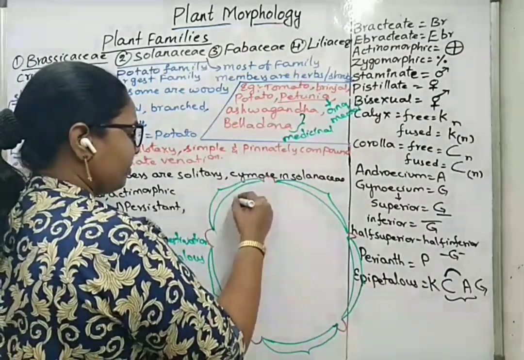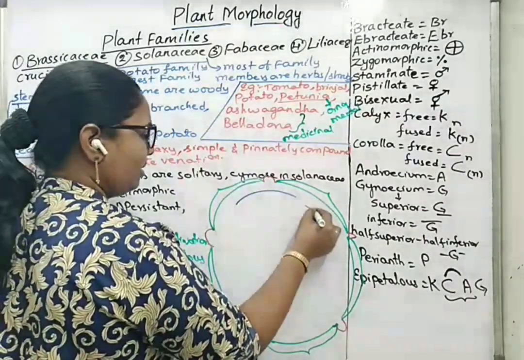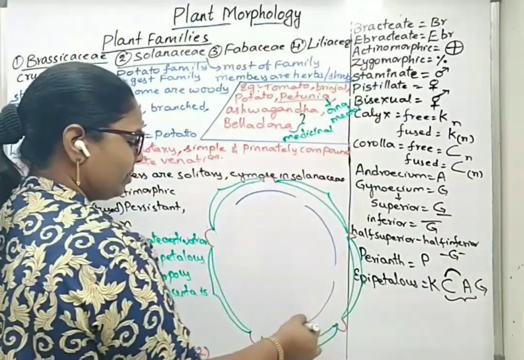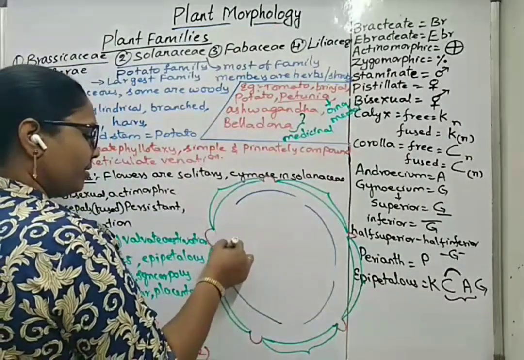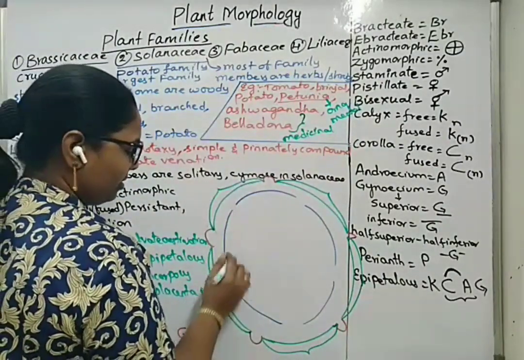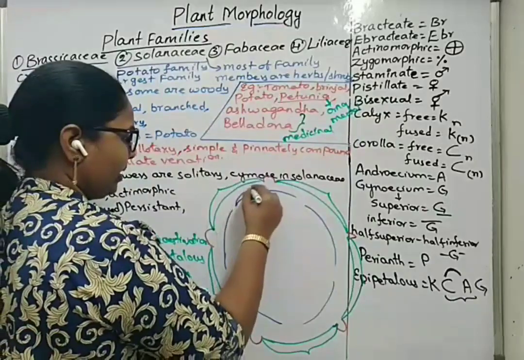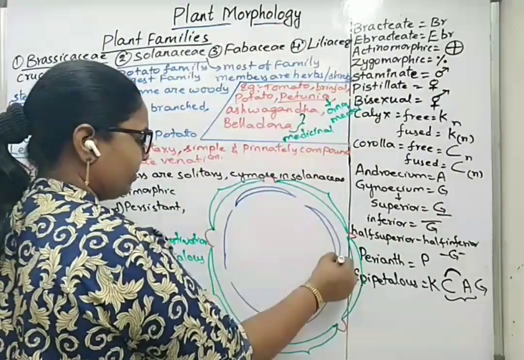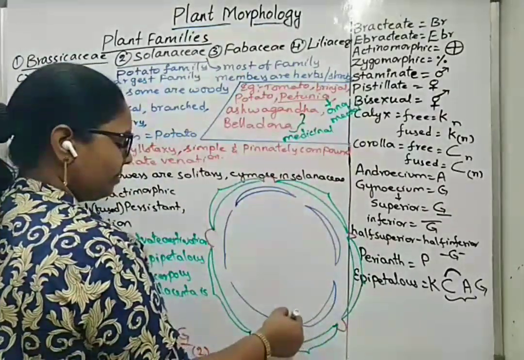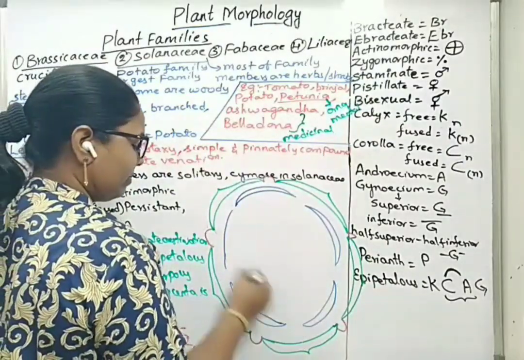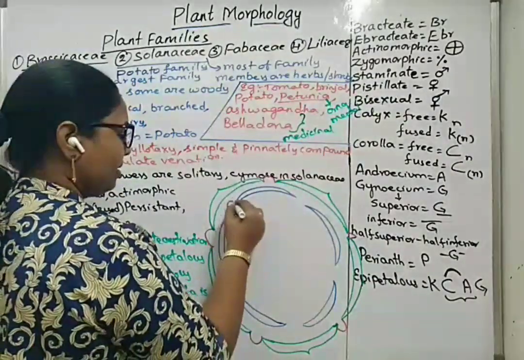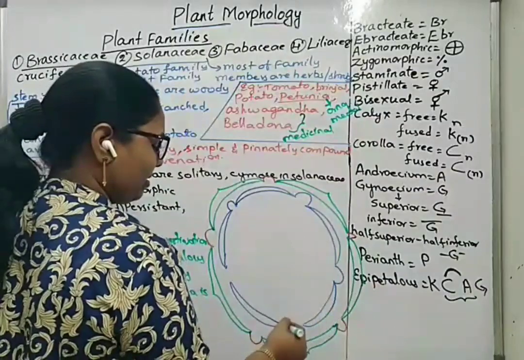Next, coming to petals. 1, 2, 3, 4. Petals are represented disc-like. Fused, so written like this.